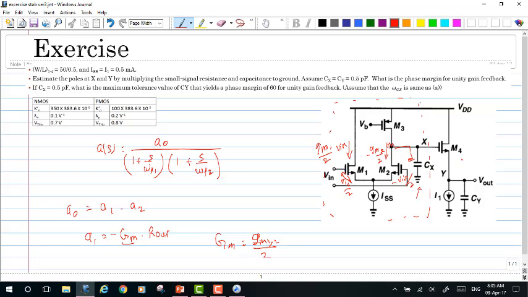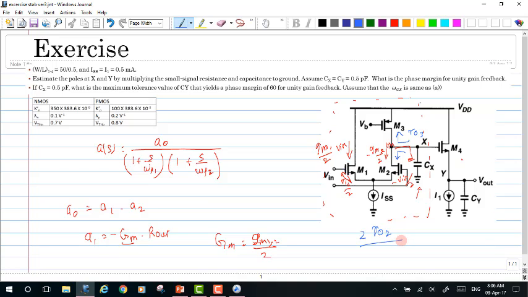Now let us evaluate the value of R out. When we look up through the drain of M3, we end up having a value of RO3. But what about the resistance when we look across the drain of M2? It would be equal to 2 times RO2.